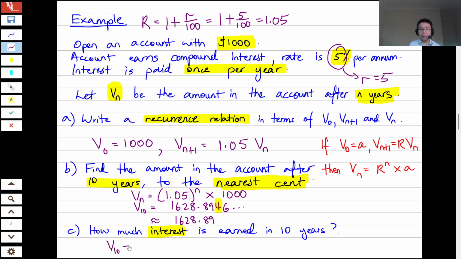What we want to do here is find the difference between V10 and V0. That is the difference between 1628.89 and $1,000. And this is a straightforward calculation. The answer is 628.89. So we earned $628.89.